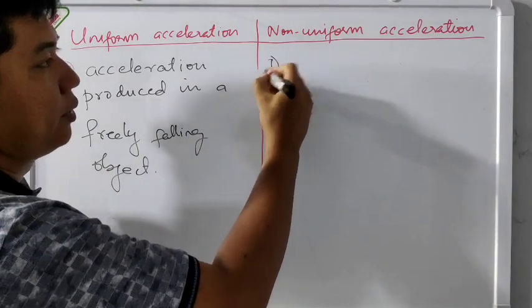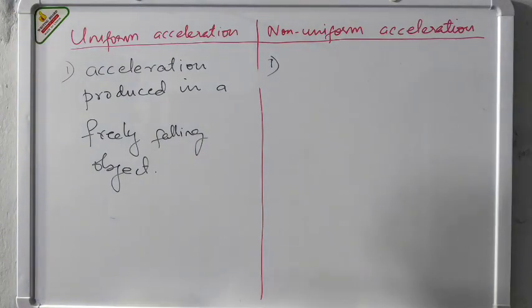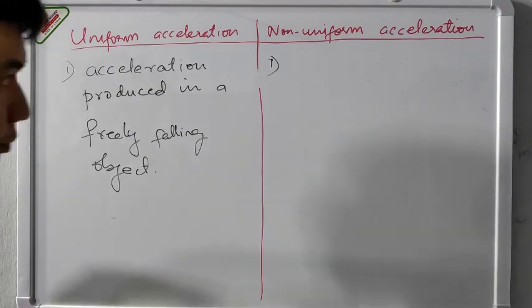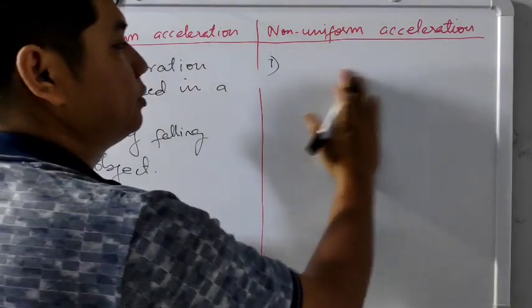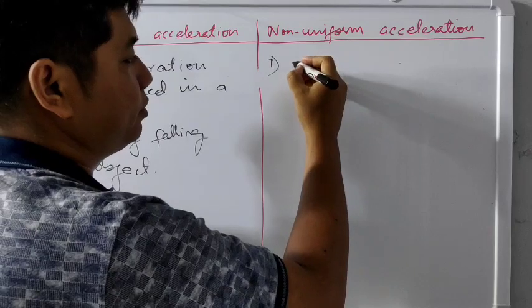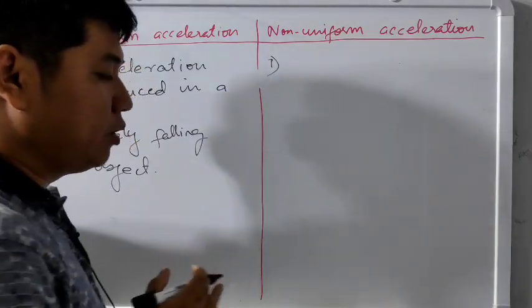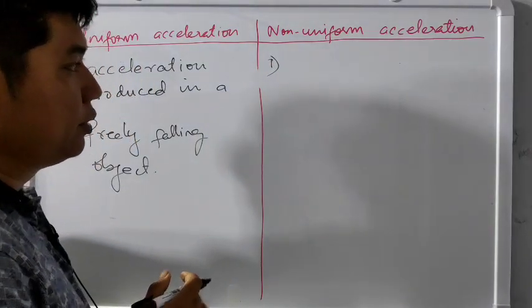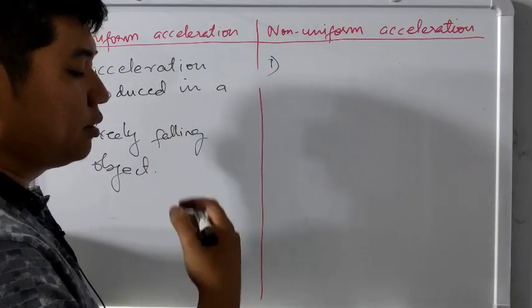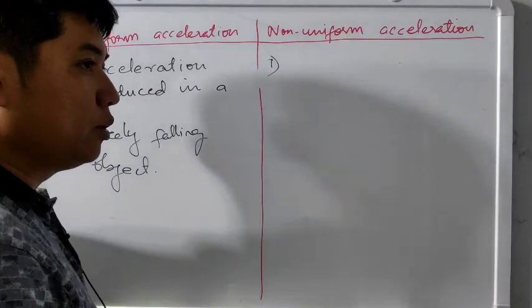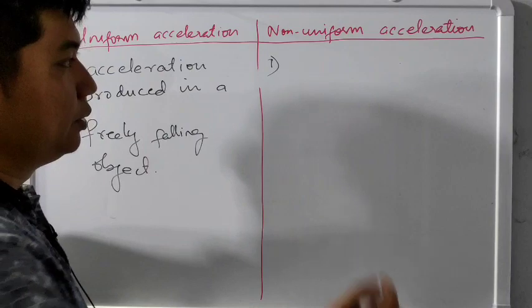Here, for non-uniform acceleration, let us consider a car in a crowded street. The speed cannot be constant, and the change in the velocity will also be non-uniform.